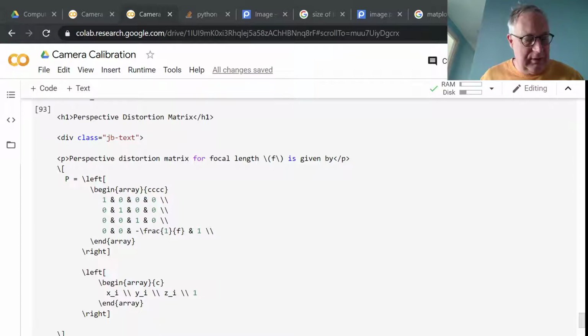Now let's take the information that we have and try and calibrate the image of the Rubik's Cube.